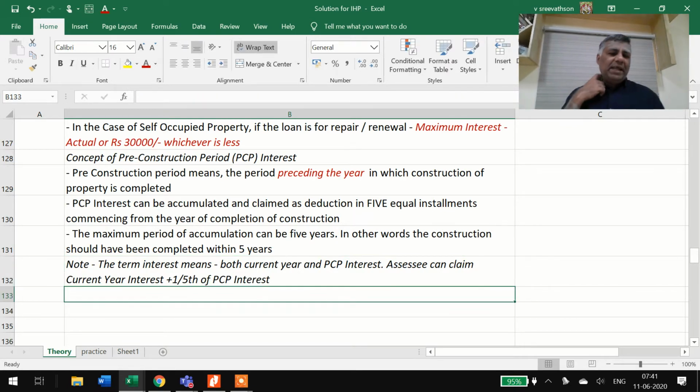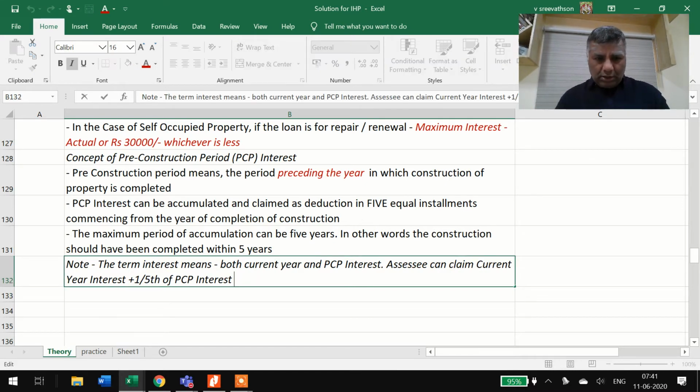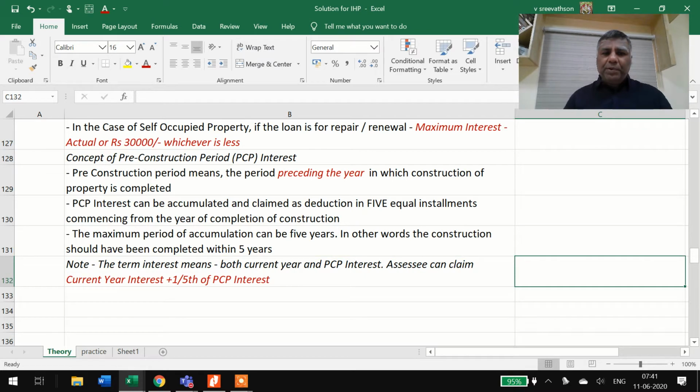Please understand, what the assessee can claim is current year interest in full, and 1/5 of pre-construction period interest.